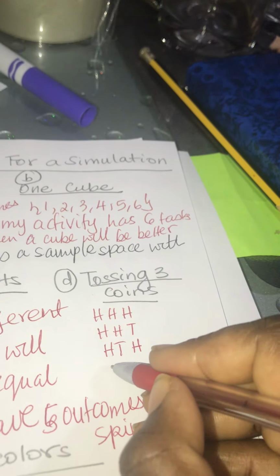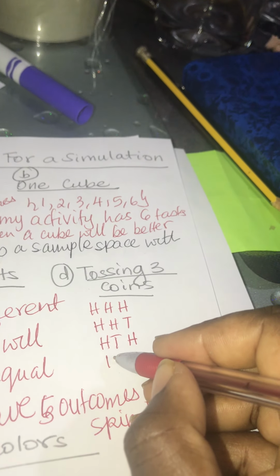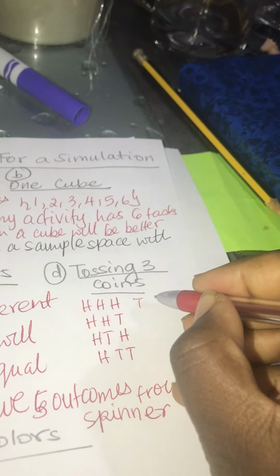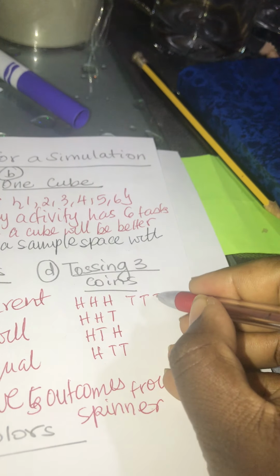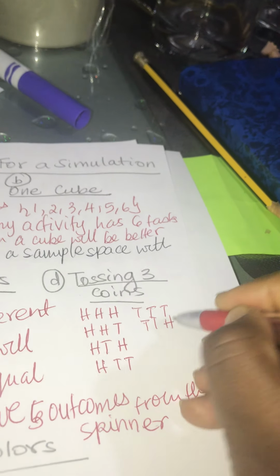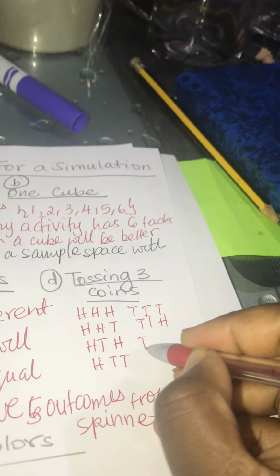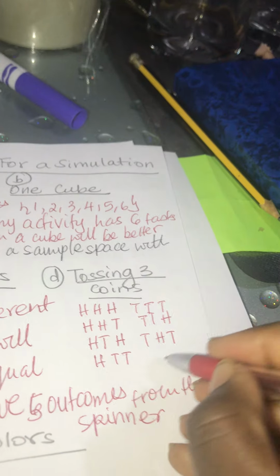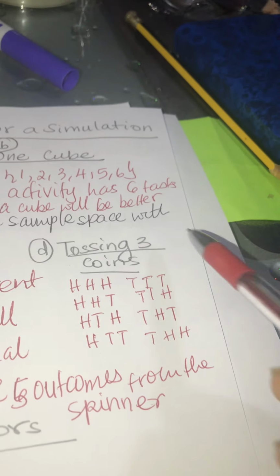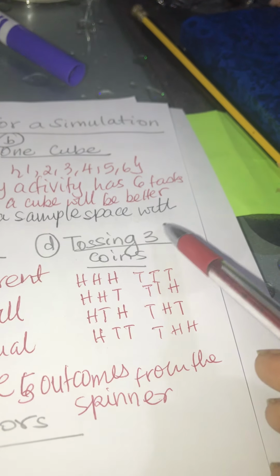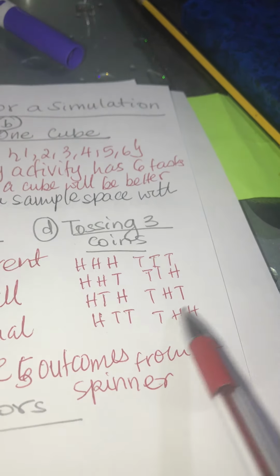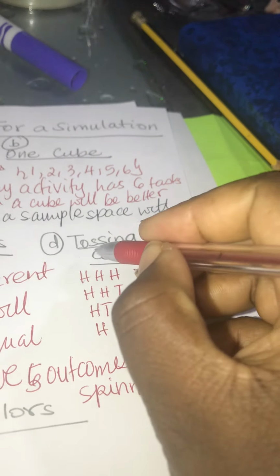You will get head, tail, tail, then tail, tail, tail, tail, tail, head, tail, head, tail, tail, head, head. Now, if you have an activity of 8, then you use tossing 3 coins, because the sample space for tossing 3 coins is 8.